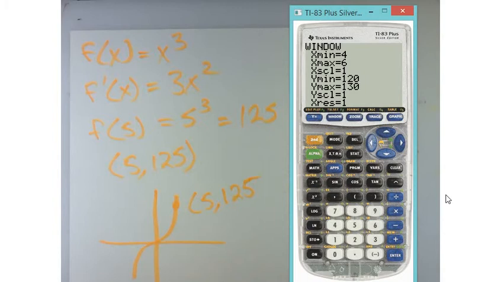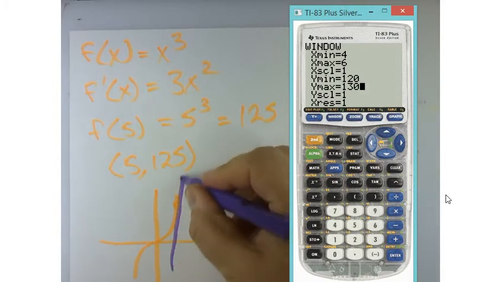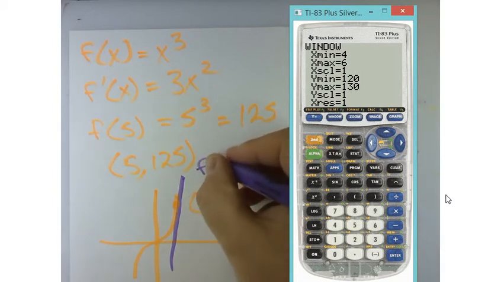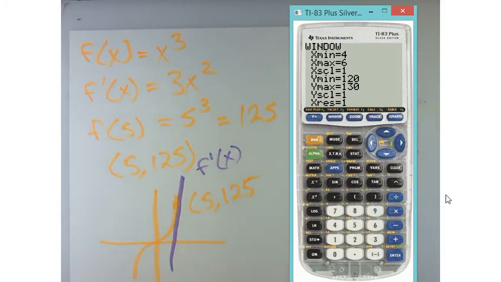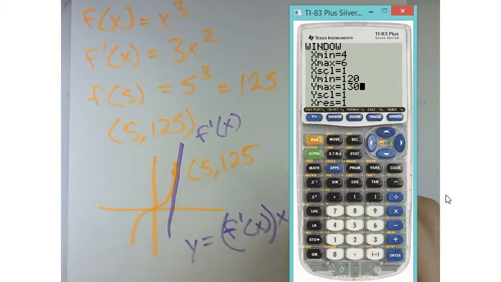Now the slope of the line, what the slope should be, is based on f prime. So this function has a slope of f prime. In other words, this is y equals f prime of x times x, like the slope plus b.